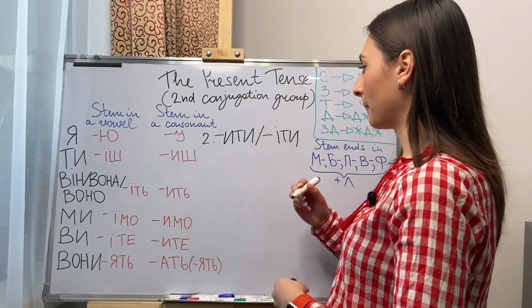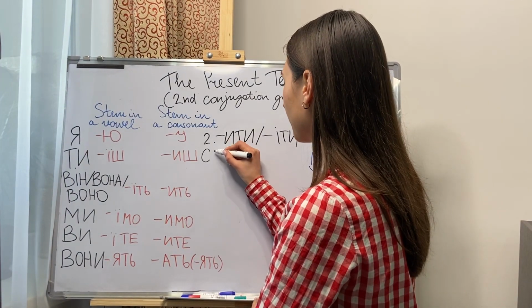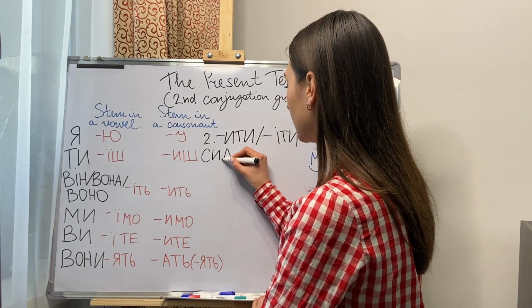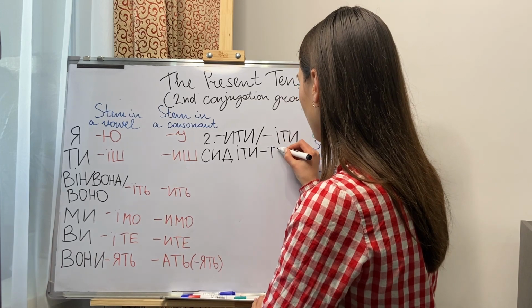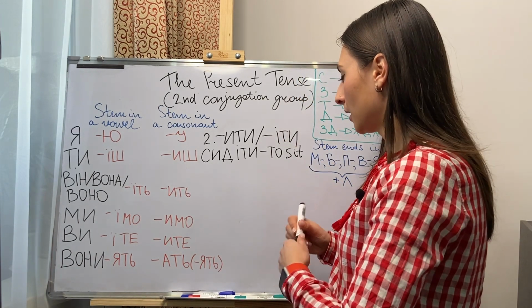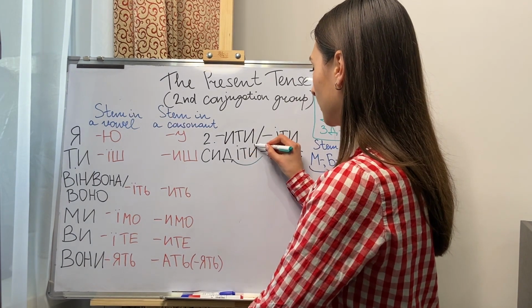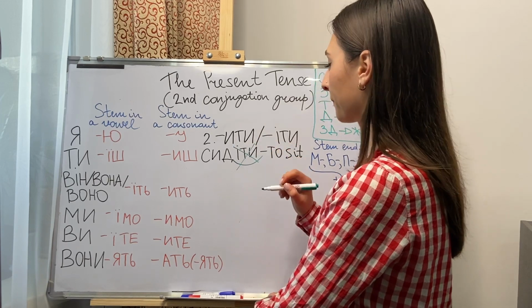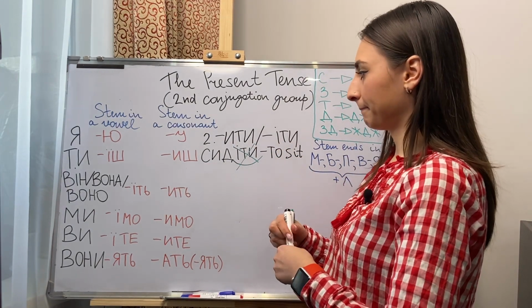So, for example, with iti, let's start. The verb сидіти means to sit. So we have an ending iti, we drop it, and we have the stem sit.